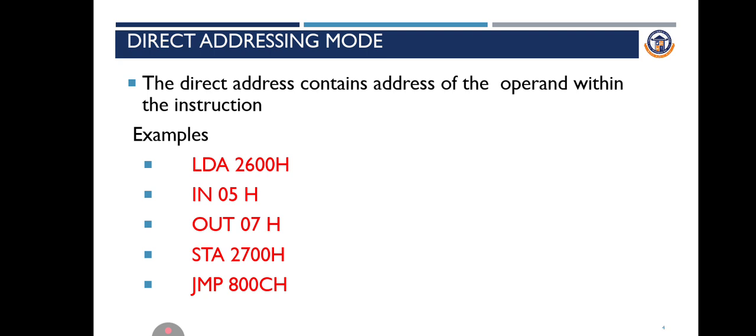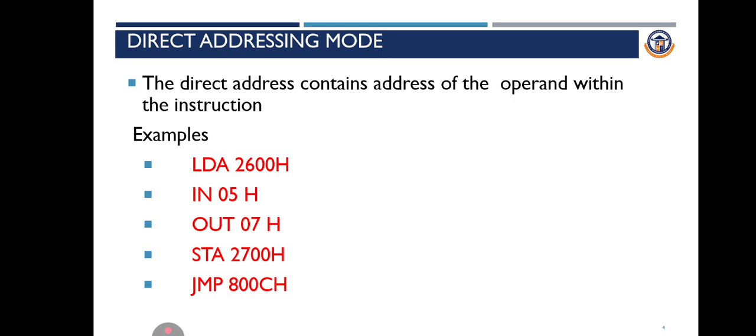If you want to use switches, you can use the IN instruction, and if you want to control LEDs, you can use OUT. Whatever value you give in the OUT, that is 07H, is converted into binary. Based on the binary value 0101, the LED will be on and off, whereas with IN, the switches can be operated on and off based on the value given in the instruction.